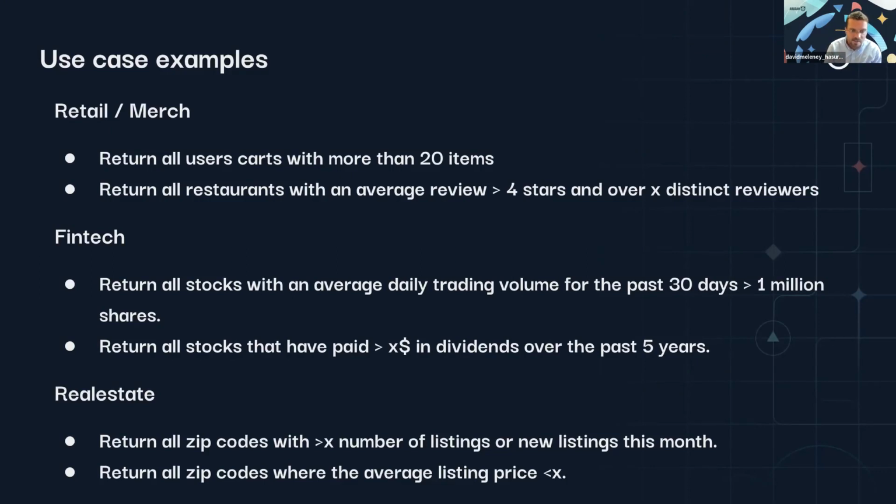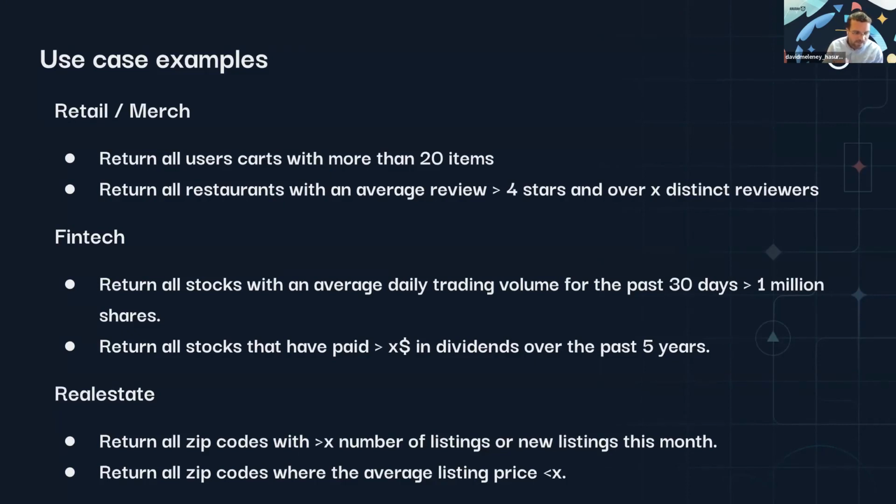For fintech, if you wanted to get the daily trading volume for the past 30 days, that's averages over 1 million shares or something like that, or returns on all stocks that have paid over a certain number of dividends over the past years, and you have to aggregate that over a 5-year period.